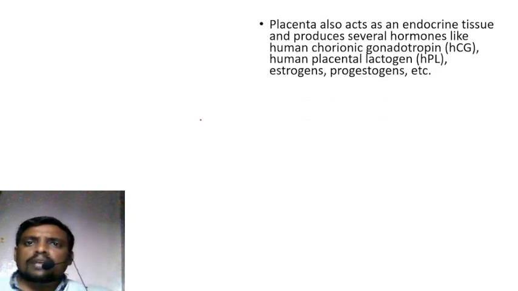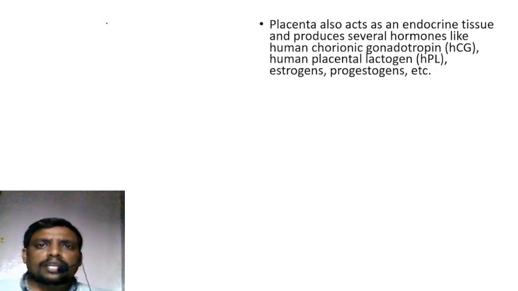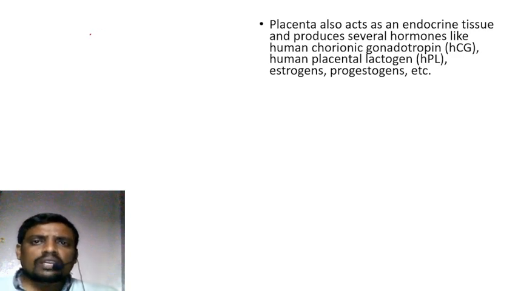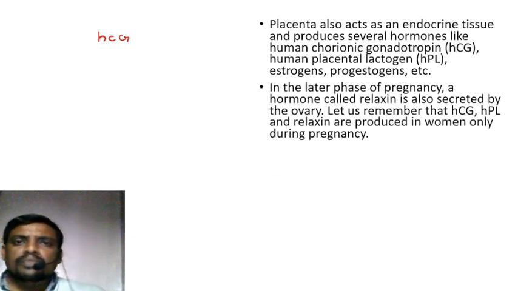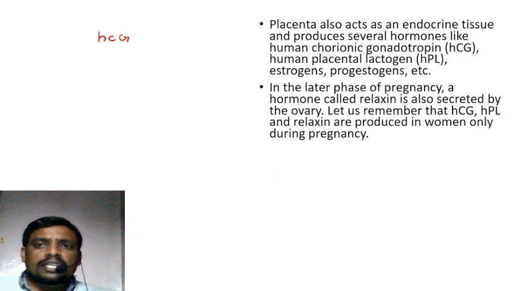Finally, the placenta also acts as an endocrine tissue, and produces several hormones like HCG, human chorionic gonadotropin, human placental lactogen, estrogen, and progesterone. In the later phase of pregnancy, a hormone called relaxin, what is that?